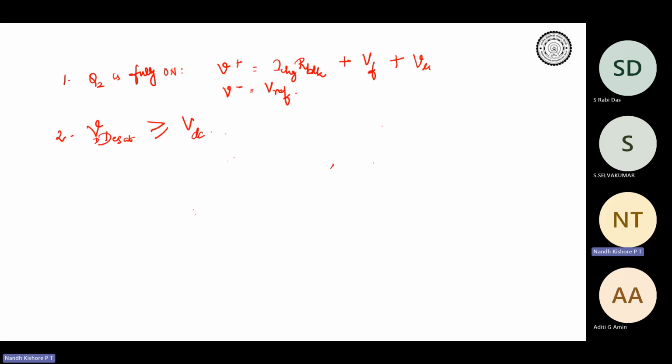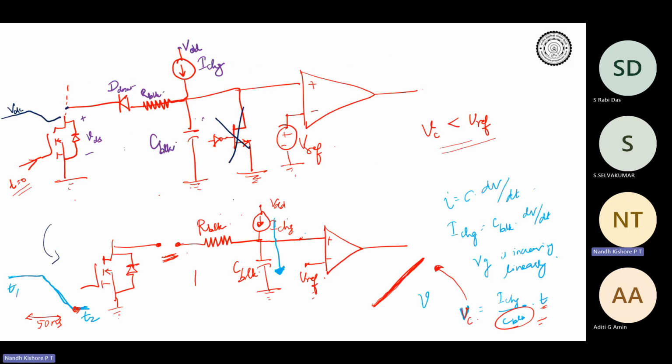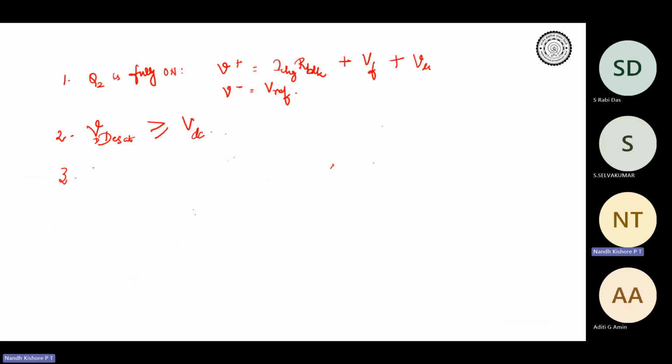And third, we just saw that your capacitor voltage VC should be less than VREF during the blanking period. So during the blanking period, you should ensure VC BLK is less than VREF.